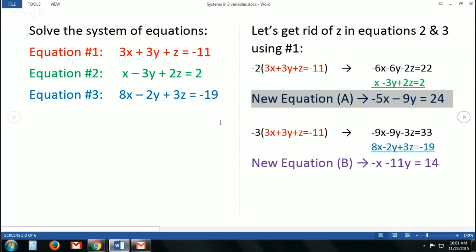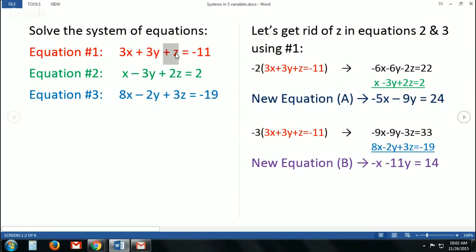Now, let's go back and see if we can get rid of the 3z that is in equation 3, again using equation 1 to create an opposite. What is opposite of 3z? Negative 3z. What would you do to this positive 1z to turn it into a minus 3z?